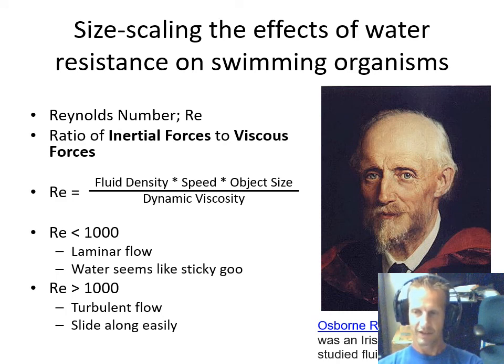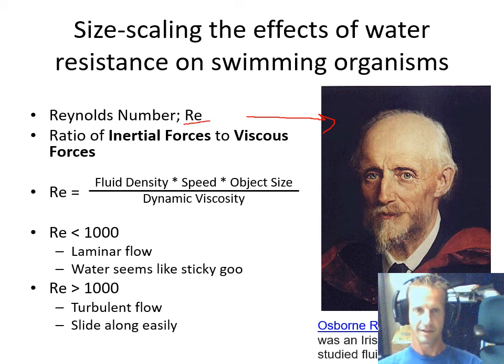And these differences in the physics of swimming for small versus large organisms were characterized by the Irish physicist Osborne Reynolds, and he came up with this equation, which I'm not sure he named after himself, but somebody named it after him.